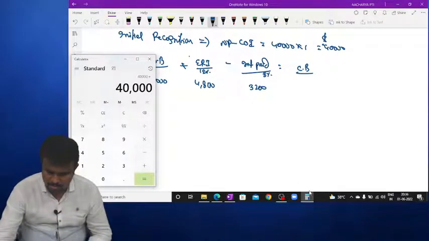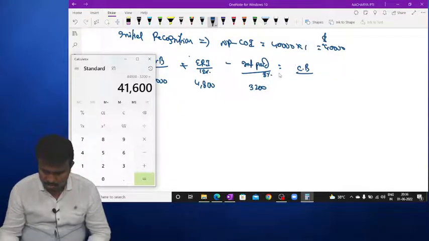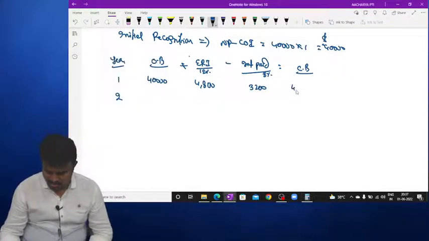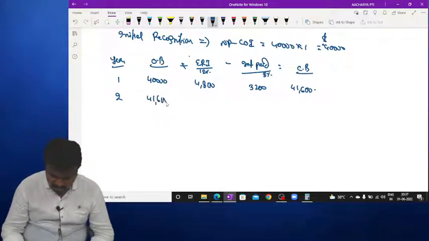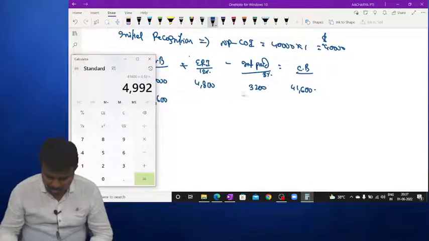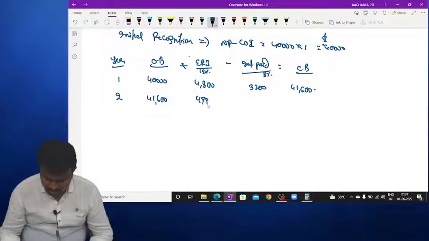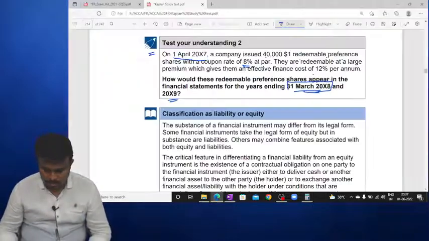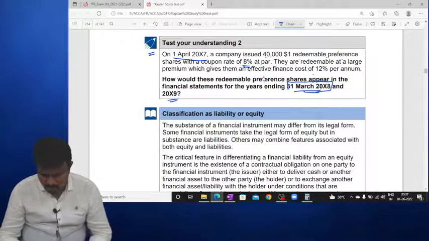So 40,000 plus 4,800 minus 3,200 is 41,600. Then 41,600 into 12% equals 4,992.